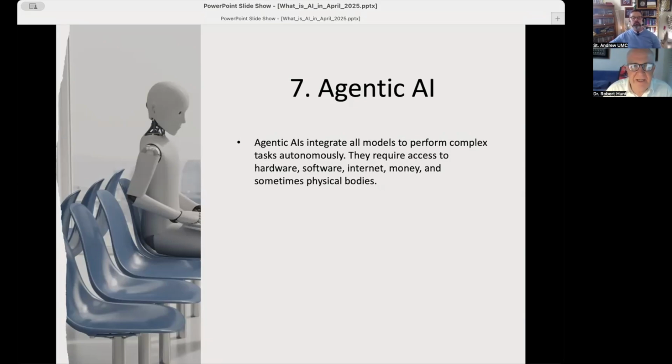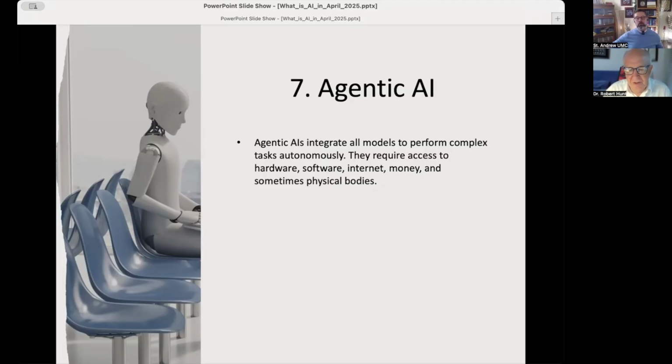An AI agent is an AI that you can give orders to, and it will go off and do them without asking for your help. In other words, it will think about the steps it needs to take in order to solve the problem you've given it, and it will execute those steps on its own and present you with a solution.